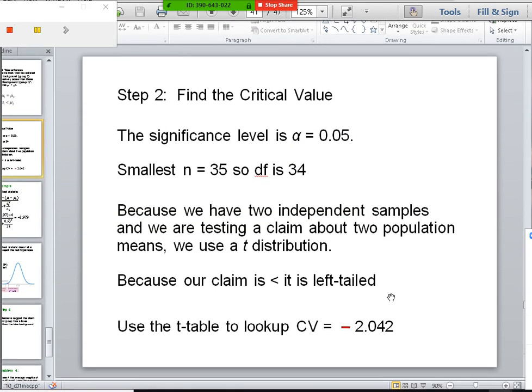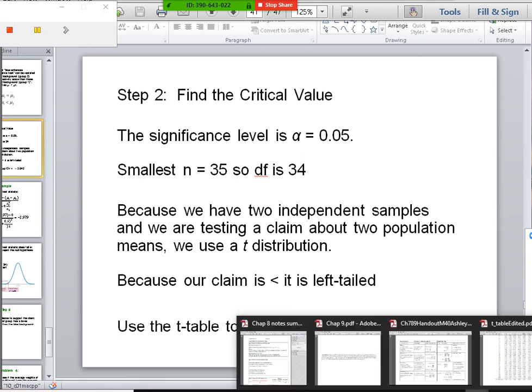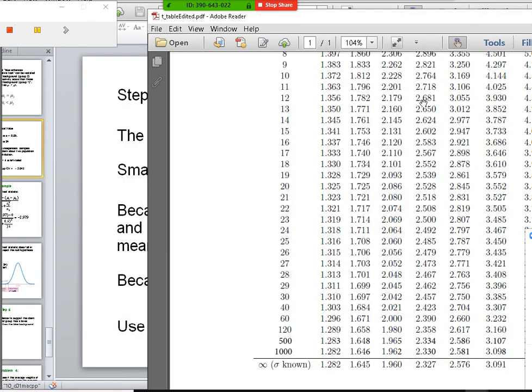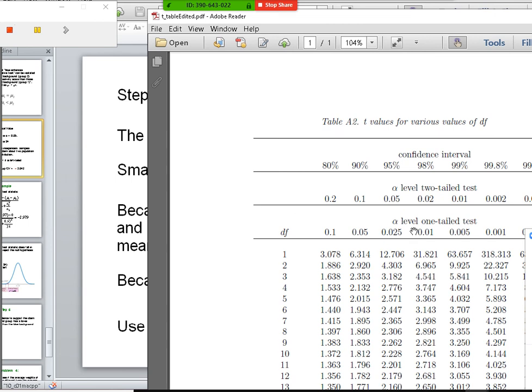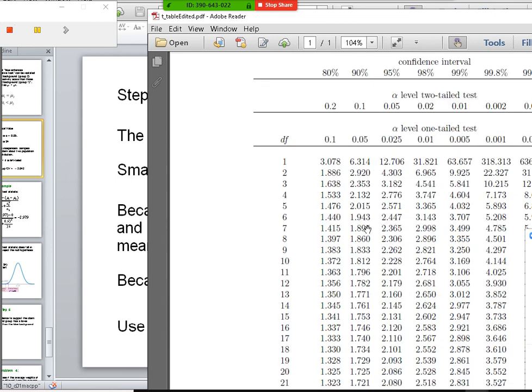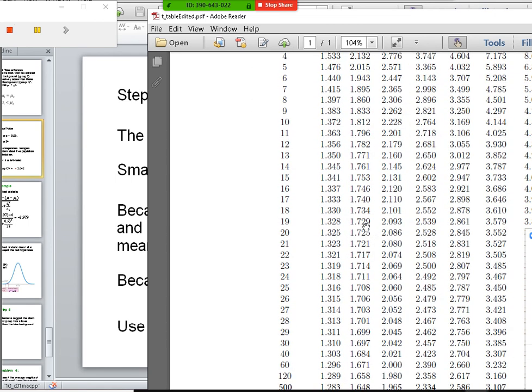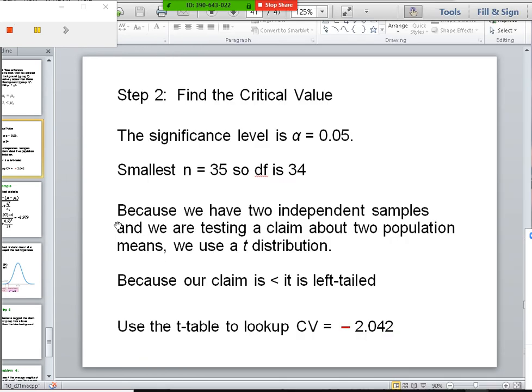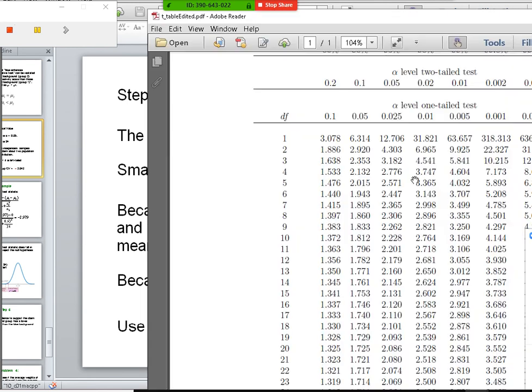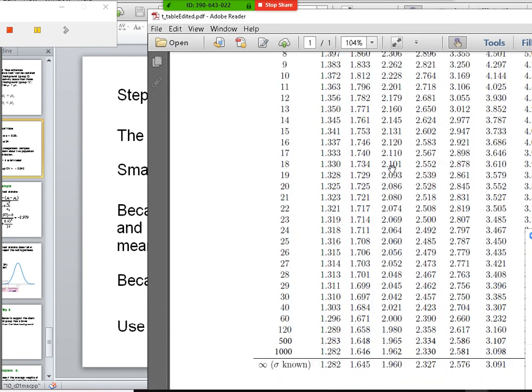Step 2, find the critical value. Significance level alpha is 0.05, and my smallest n is 35, so my degrees of freedom is 34. So I'm going to bust out my t-table and take a look. 0.05, one-tailed test, here we go, and I go down.